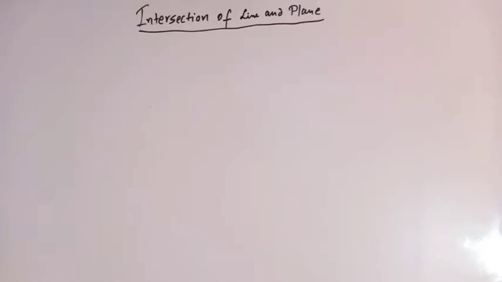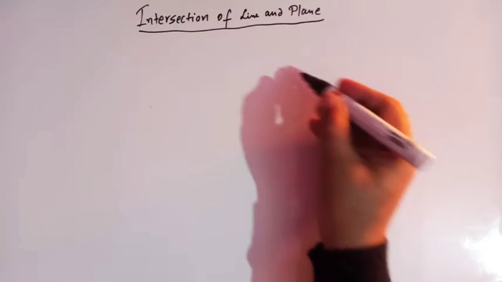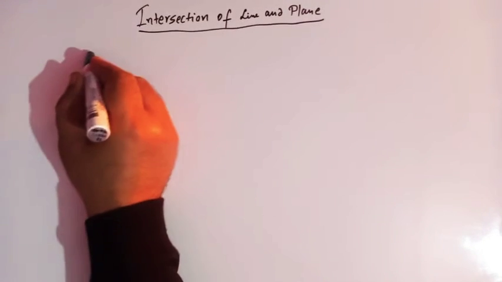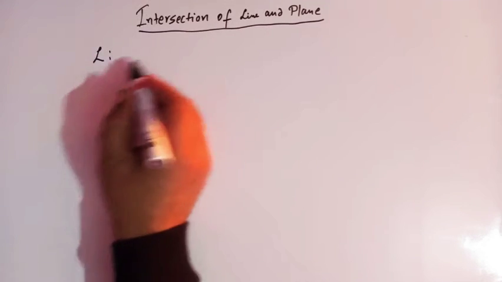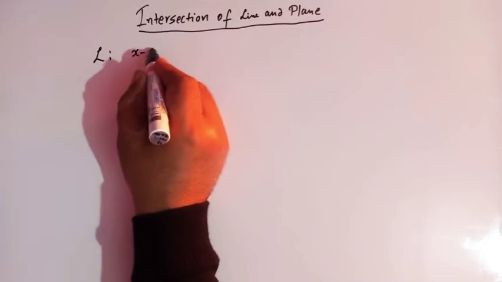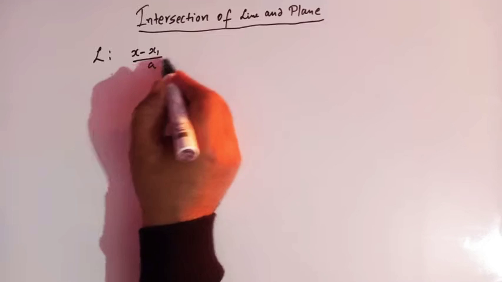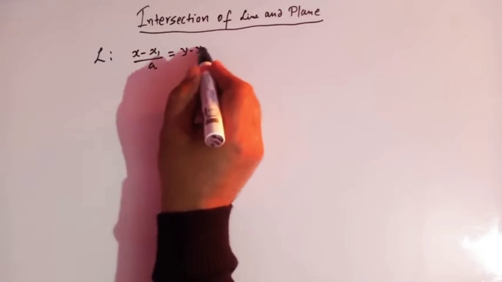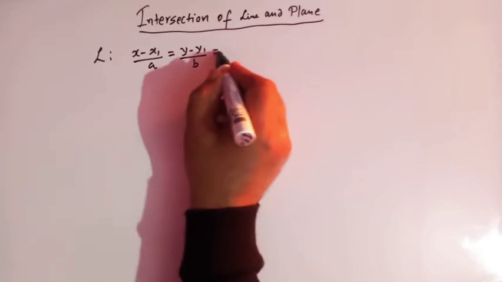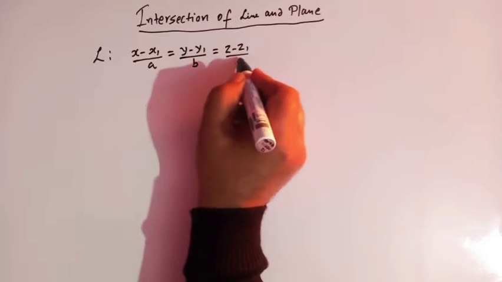Hello viewers, in today's class we are going to take up an important topic in three-dimensional geometry, that is the intersection of line and plane. So here we have a line and a plane. Suppose the equation of the line is (x minus x1) by a, (y minus y1) by b, and (z minus z1) over c.